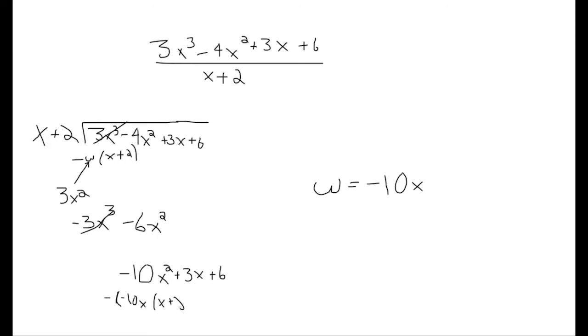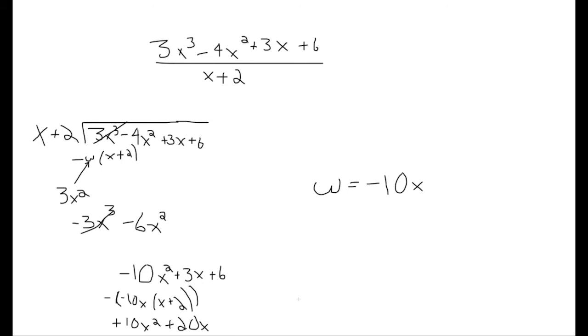We're subtracting w times x plus 2, and w is negative 10x. Okay. So this is going to result in adding 10x squared, right? Because the negatives multiply together. So it's going to result in adding 10x squared, and then adding 20x.